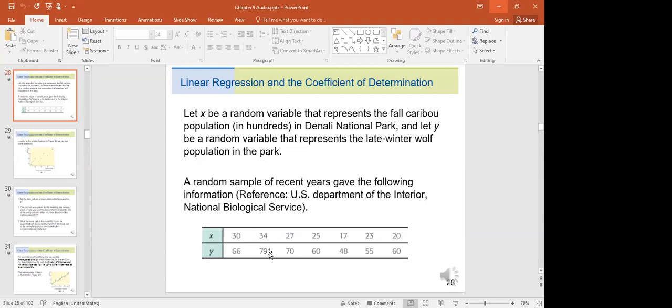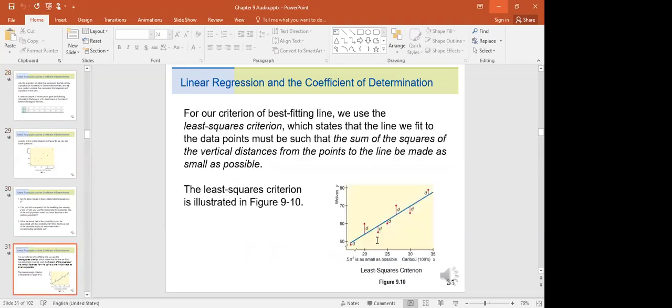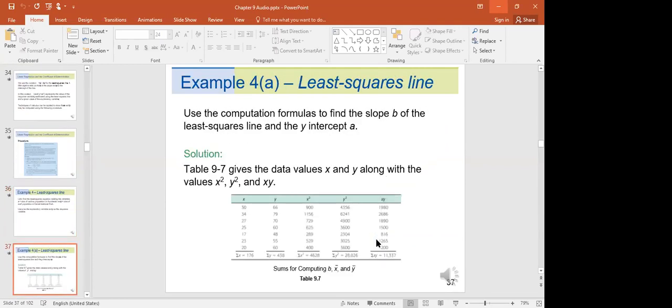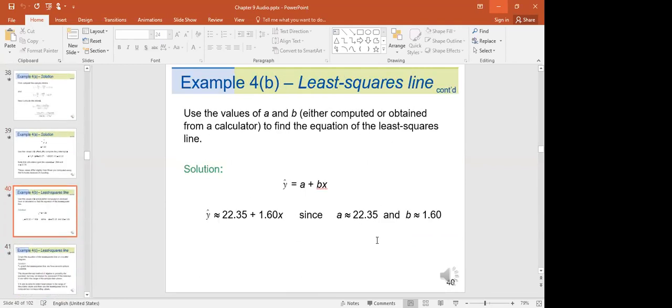So these are observed values from the data. We are going to get a regression line that can help us find a predicted value for this Caribou population. So using the equation that we just computed, let's see what we will get in case we did not have those values and we only had this equation.